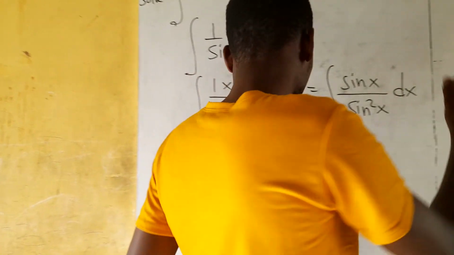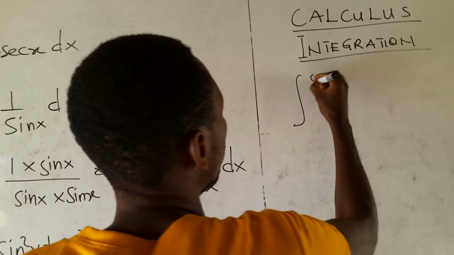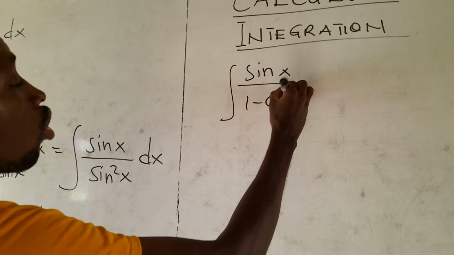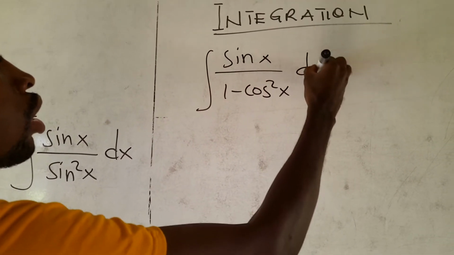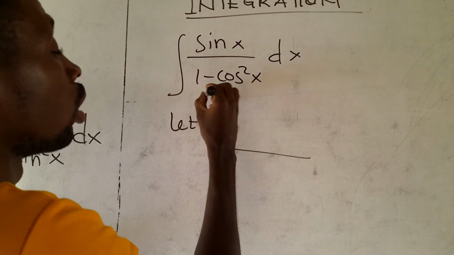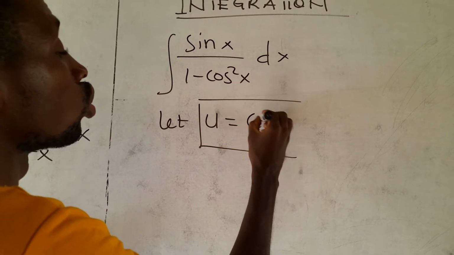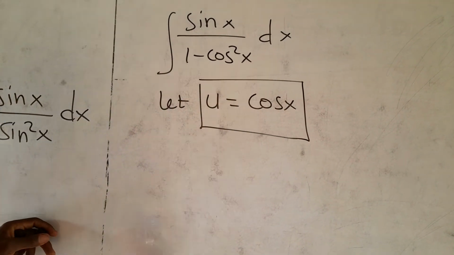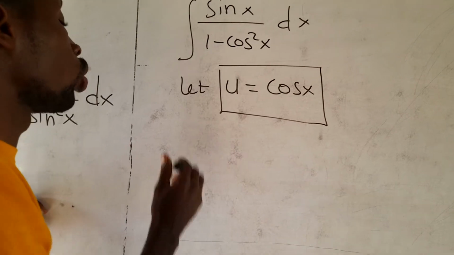So we let u be equal to cos x. So we can differentiate. I circle this because I will substitute back.